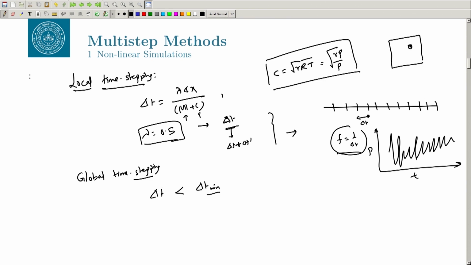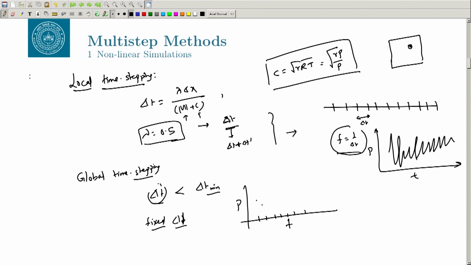So, if you can somehow estimate the minimum delta t that can occur during the entire simulation, and put a value which is even lower than that, then instead of fixing the CFL, you actually fix the delta t. So, you have fixed the delta t, and in that case you have the same signal, let us say p versus time, and it is actually at equal intervals of delta t.